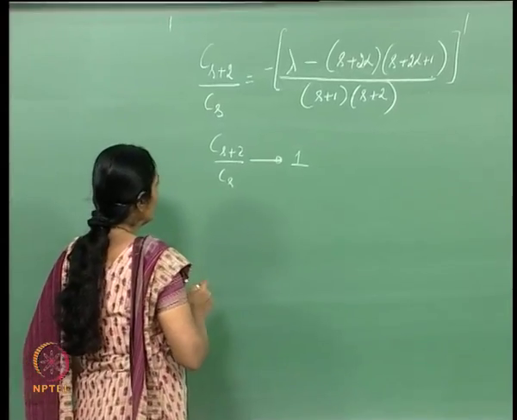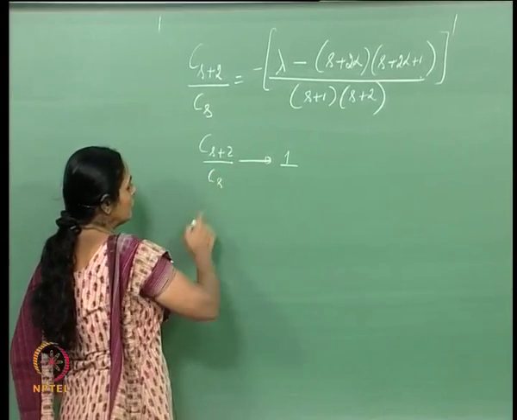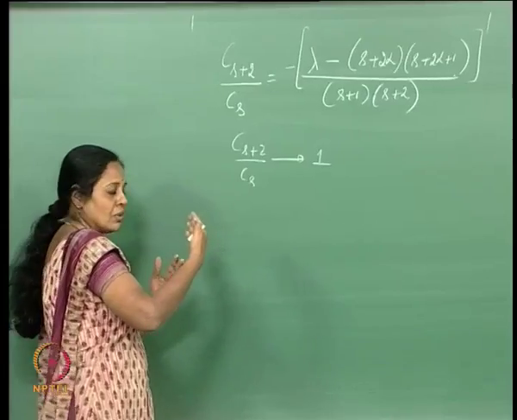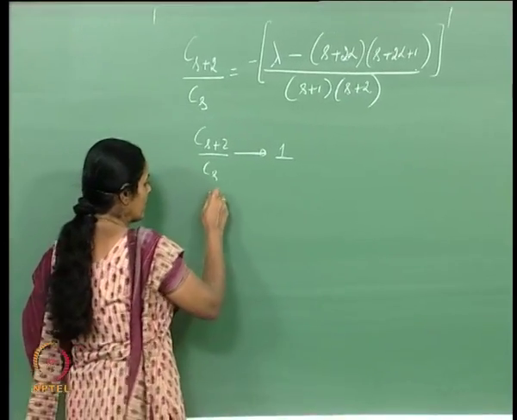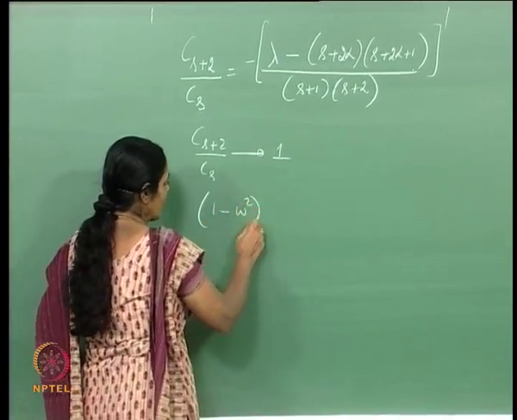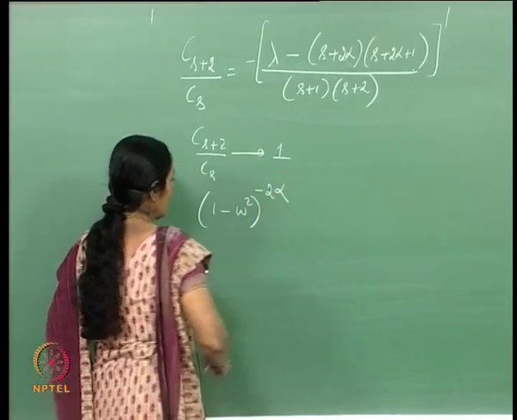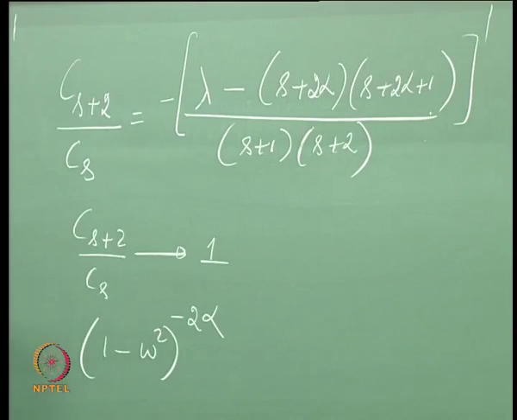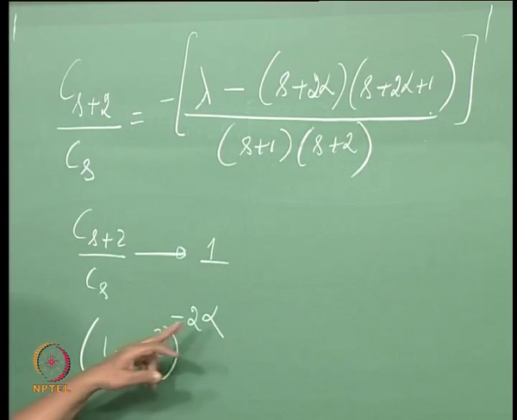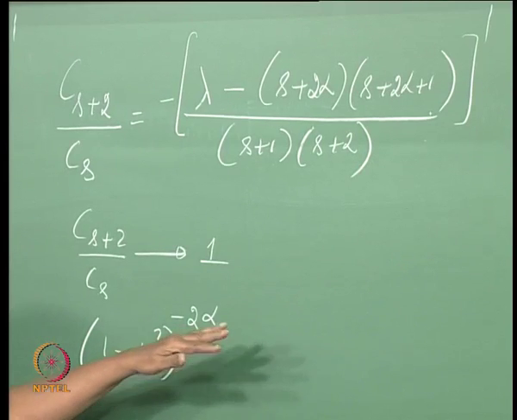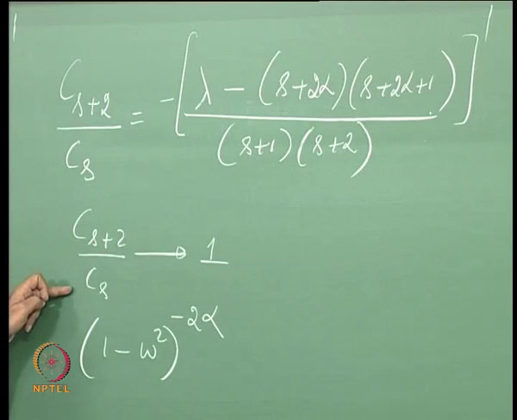In fact, this is the kind of ratio of coefficients that you get in the series expansion for (1 minus w squared) to the minus 2 alpha, because if you expanded the series and took a ratio like this, it would go as 1.